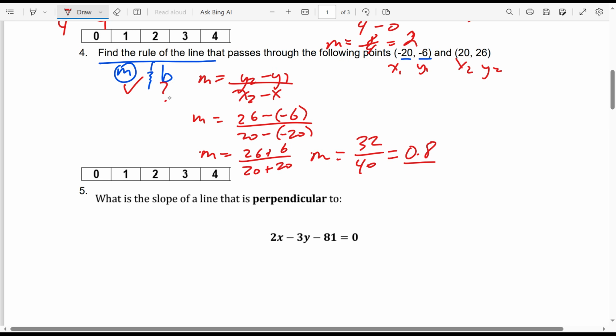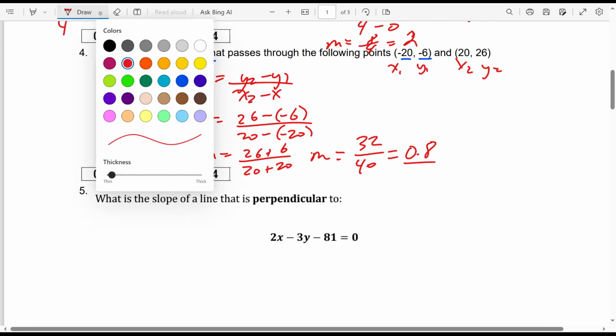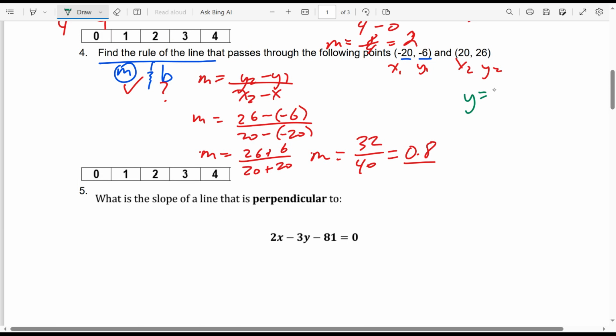Now I've got to figure out what B is. It's the same skill set we've done previously, but now I'm going to plug everything into y equals mx plus b. Let's use a different color.